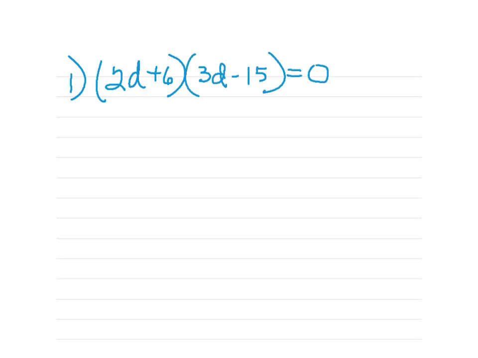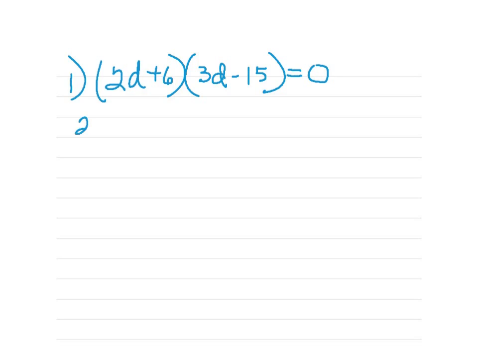Well, here I have 2 terms multiplied together that equal 0. Zero product property tells me that one of these must equal 0 or both will equal 0. So I'll set up my problem this way.